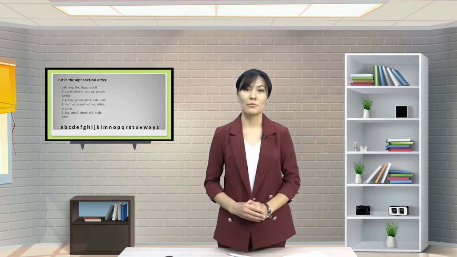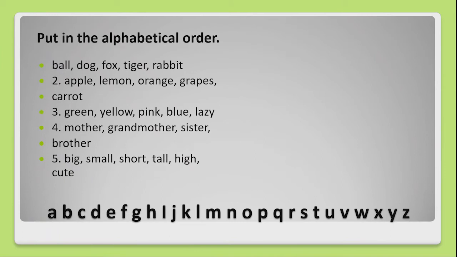Good job. Now children, look at these words, look at the alphabet and try to put the words in alphabetical order. Number 1. Ball, dog, fox, tiger, rabbit. Number 2. Apple, lemon, orange, grapes, carrot. Number 3. Green, yellow, pink, blue, lazy.